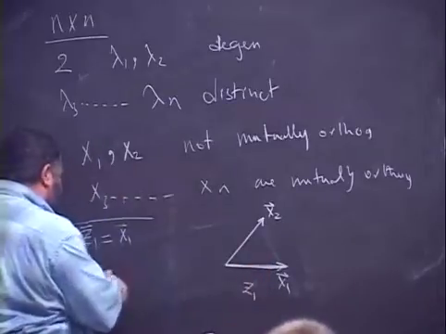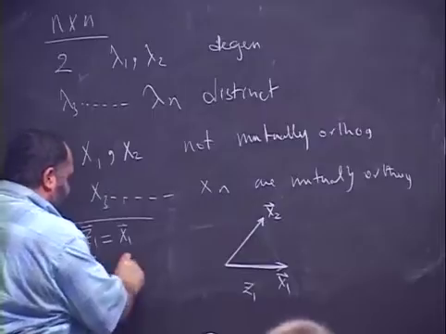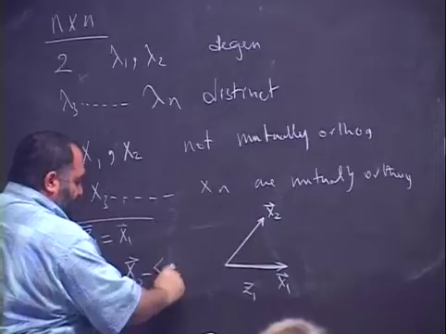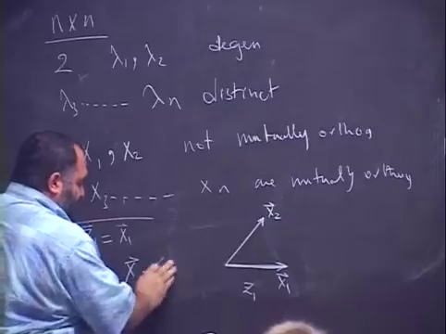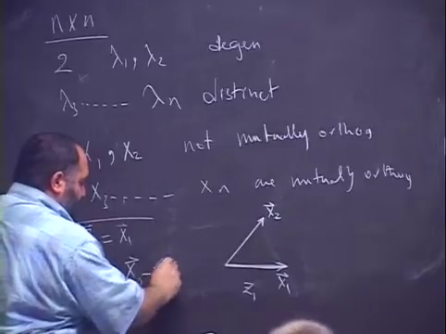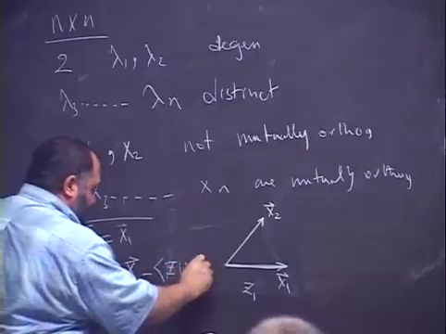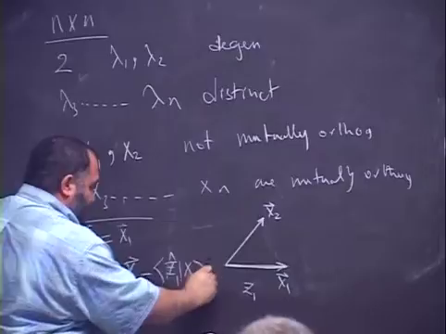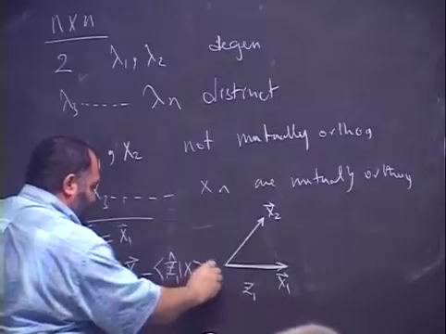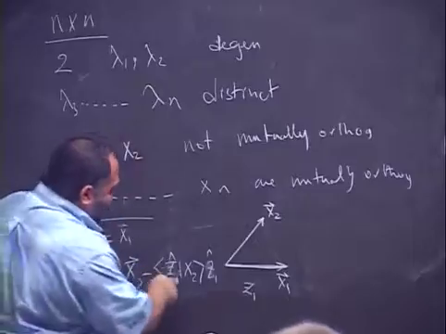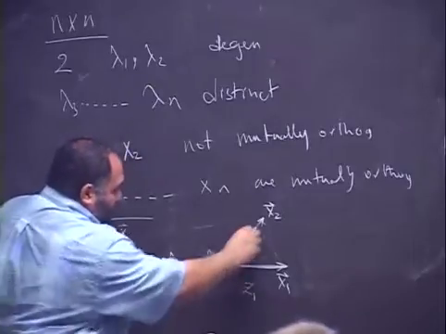What's z2? It is x2 minus the projection of x2 on z1 multiplied by z1. What's the projection of x2 on z1?